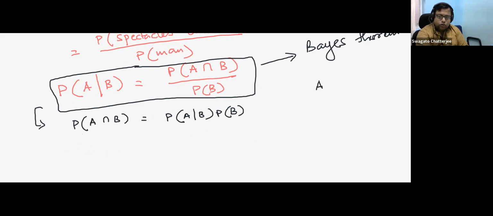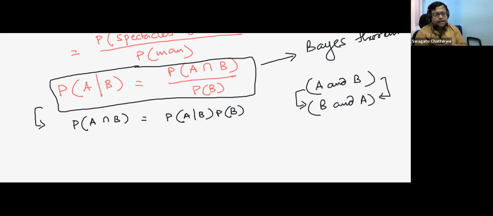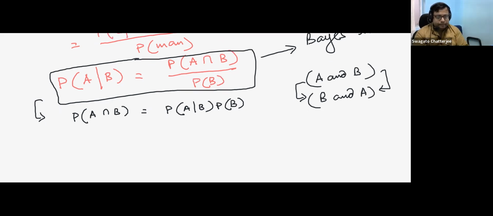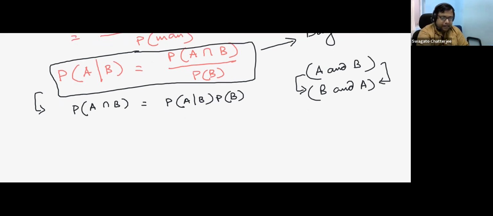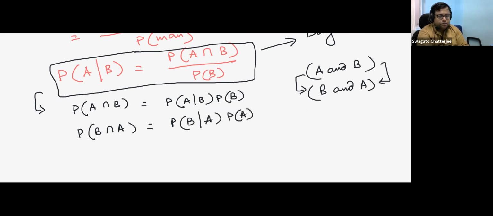You also know that A and B and B and A are the same thing. The group is the same. So if I just replace B with A and A with B, I can write it in the same way like this. So I've just changed the position of B and A.